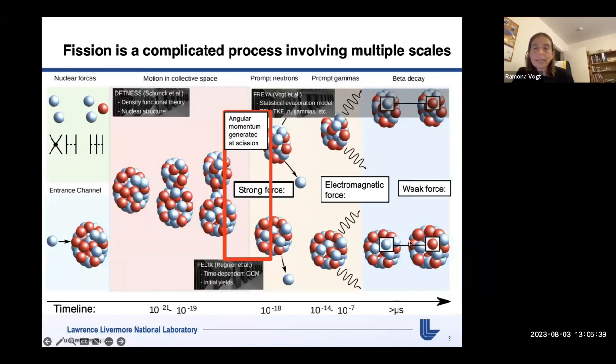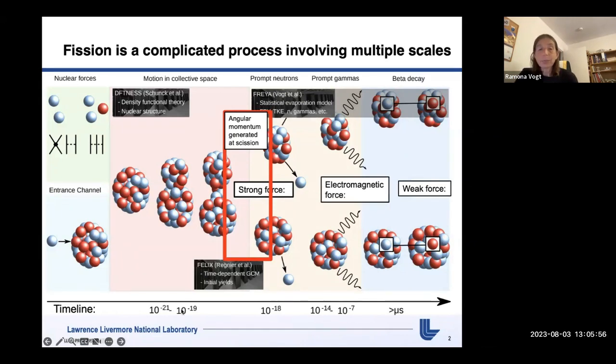So this is on a much longer time scale. Strong force governs the neutron emission. That happens really fast. Electromagnetic force governs photon emission. The time scales are down here.